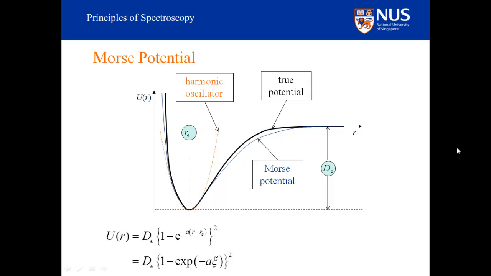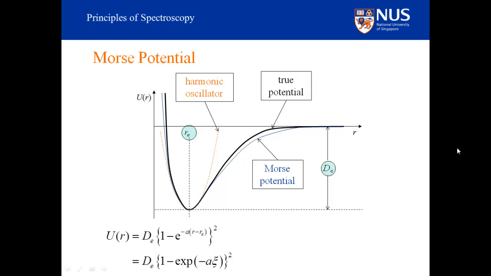How about when R is large, as it tends to infinity? When R is infinity, R minus R_E will also be infinity, which will mean that the exponential term is 0. So the term in brackets is equal to 1, and so therefore the potential is equal to the dissociation energy D_E, which is just what we wanted.